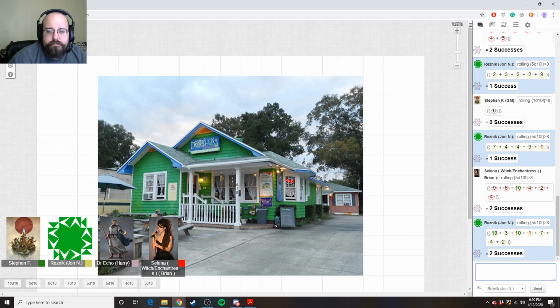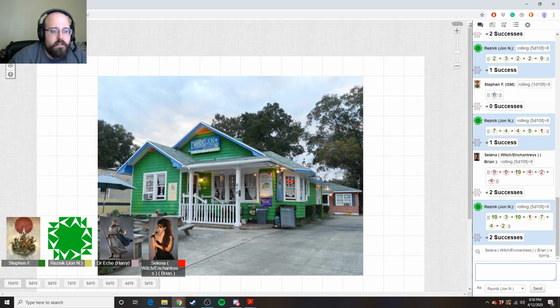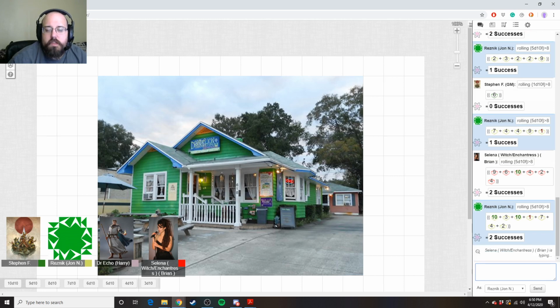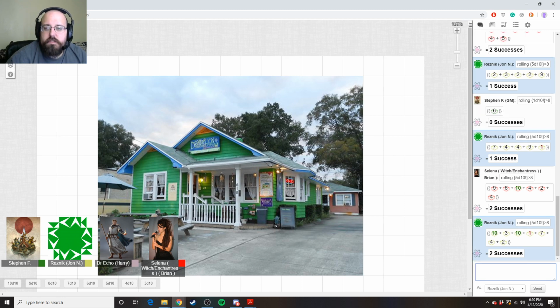Can I use that spell without having it as a rote? You could try that, but you'll have to spend gnosis to do it. And what does that mean? It means that you have to spend gnosis, and that you risk a chance of invoking paradox.